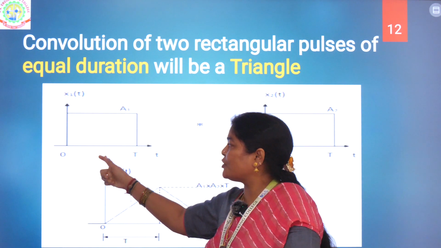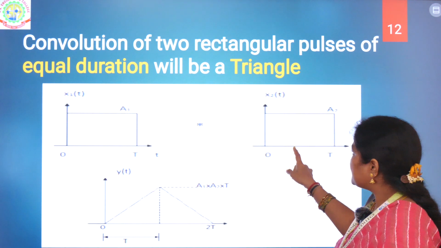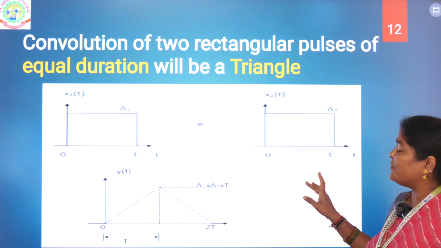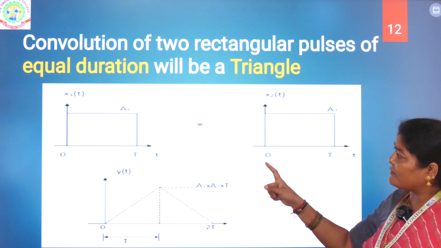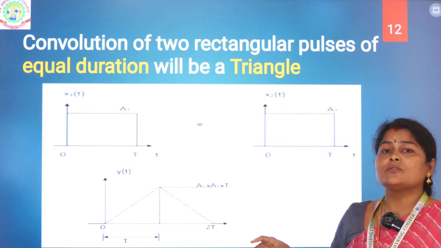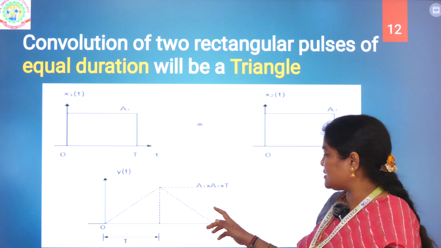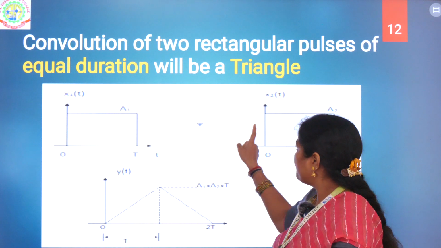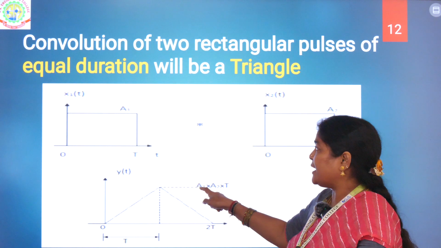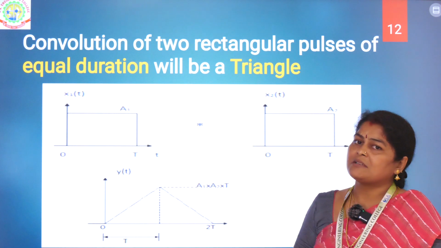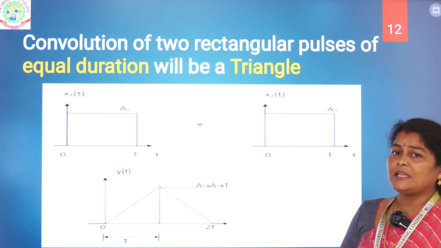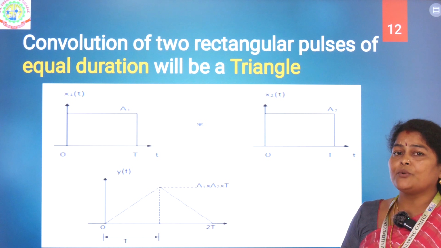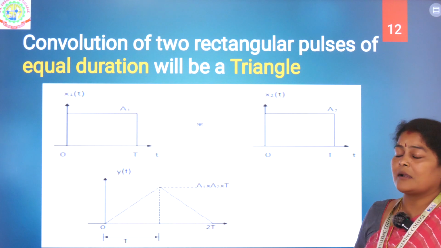You can see x1 of t has a width of 0 to T, and in the same way x2 of t has a width of 0 to T. Convolving these two results in a triangular signal of width 2T, and its amplitude is A1 into A2 into T. This is again one of the very important results: convolution of two rectangular pulses of equal duration will be a triangle.